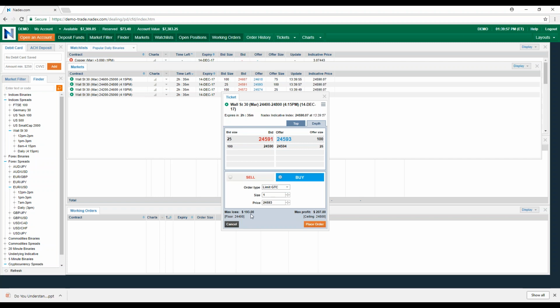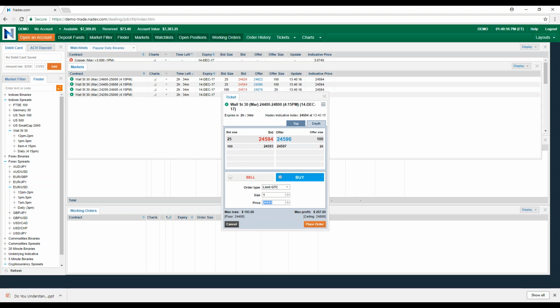Okay, step back for a minute. Calm down. Take a deep breath. Where are you buying into this spread right here? 24,593.